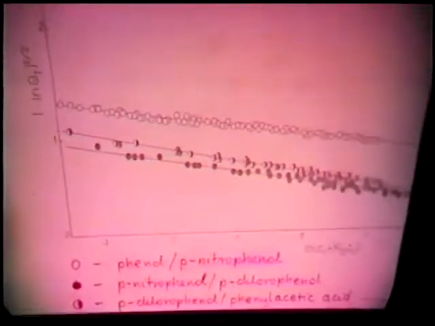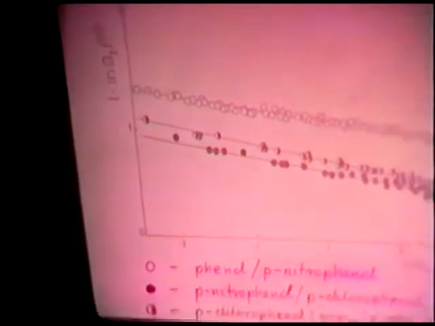Here is correlation according to the generalized Lewin type equation for desolute adsorption data. If we calculate parameters for one straight line and for the second straight line, it means that parameters from single solute adsorption data may be used to predict multi-solute adsorption.